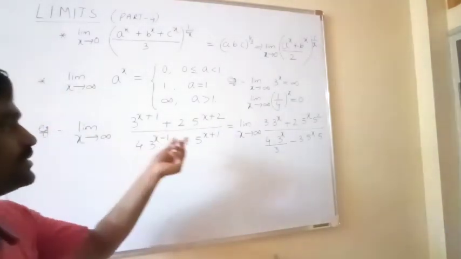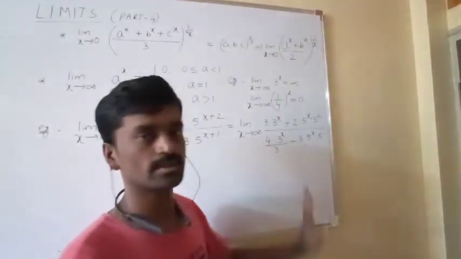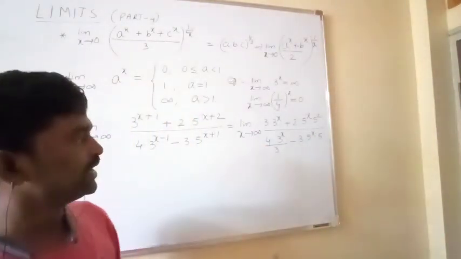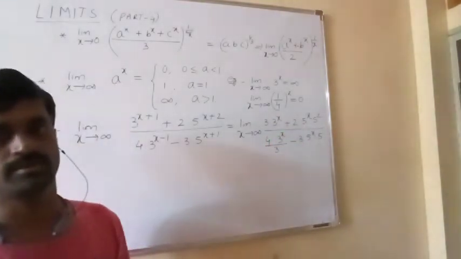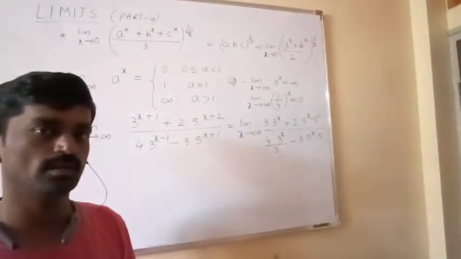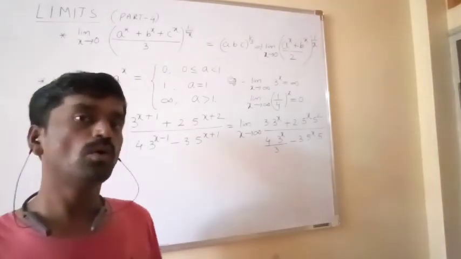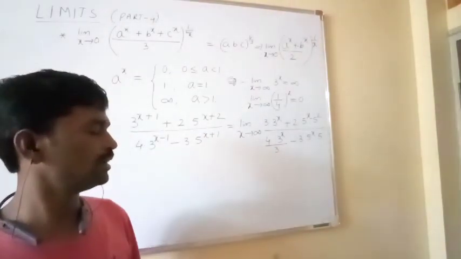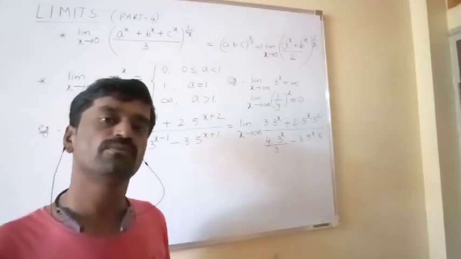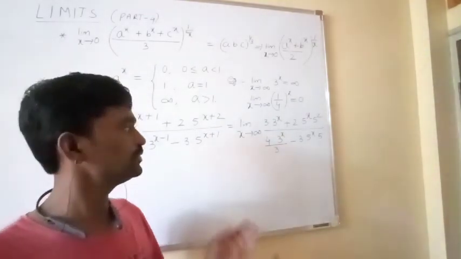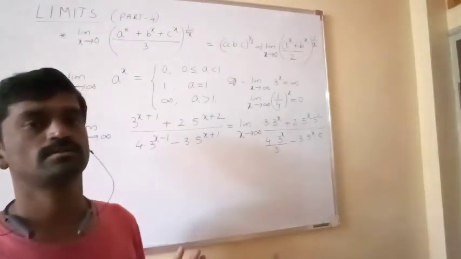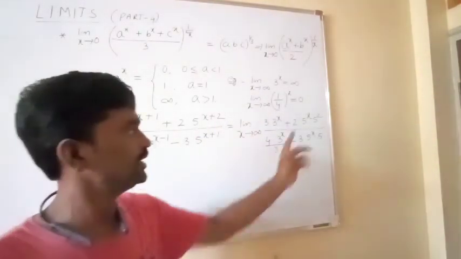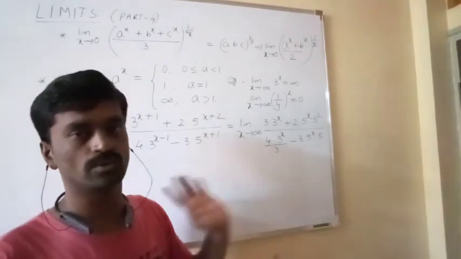First you split like this, 3 power x terms and 5 power x terms separately. When x tends to infinity, 3 power x tends to infinity, and 5 power x also tends to infinity, because both 3 and 5 are greater than 1. But which is tending to infinity faster? 5 power x is tending to infinity faster.